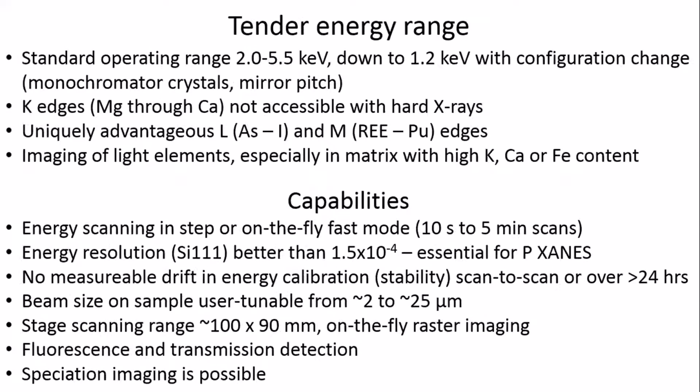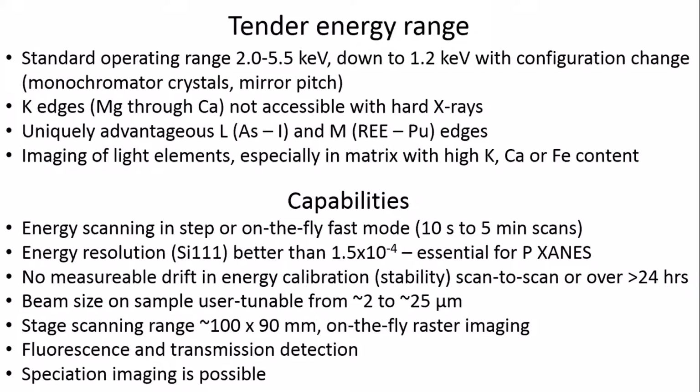The tender energy range, TES will operate in standard mode from 2.0 to 5.5 kilovolts, but we'll be able to go down to 1.2 kilovolts with configuration change, swapping in monochromator crystals. This covers the K edges of elements that are not readily accessible with hard X-rays, and also accesses uniquely advantageous L and M edges of heavier elements.